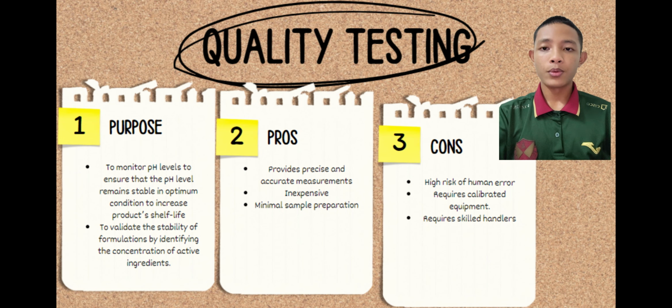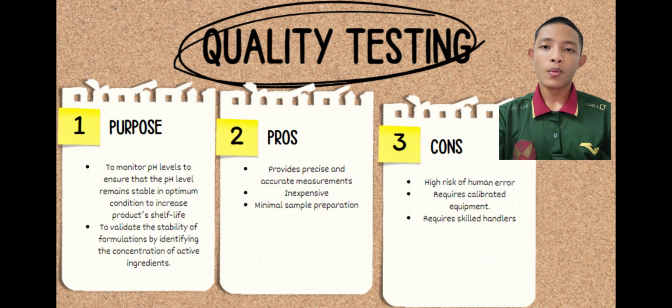Through volumetric analysis, we can monitor pH levels to make sure the pH remains stable in optimum condition in order to increase the sample's shelf life. Other than that, volumetric analysis is also used to validate the stability of formulations by identifying the concentration of active ingredients.